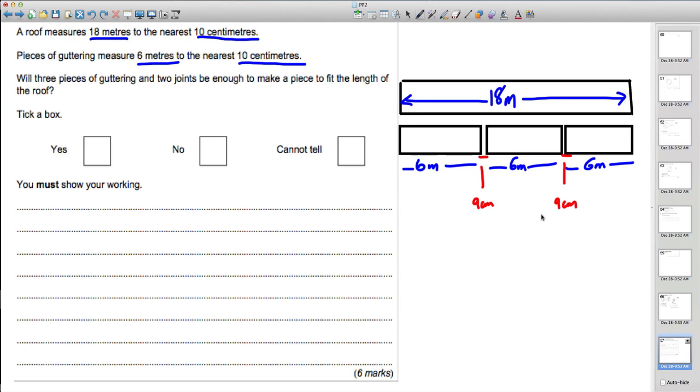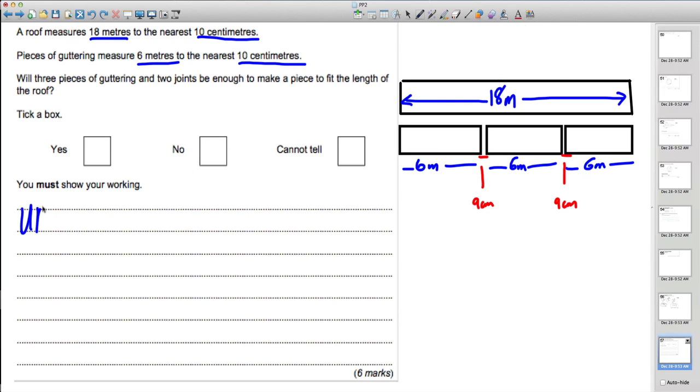can you be absolutely certain that these 3 will cover that? Now, it seems like it would be the case, but the key here is about upper and lower bounds. Can you be certain? The roof measures 18 meters to the nearest 10 centimeters. So what could the roof be at its maximum?